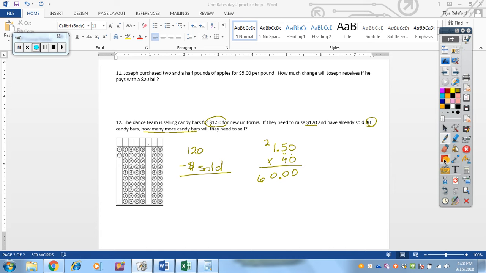So they have sold $60. So that means they need $60 more.